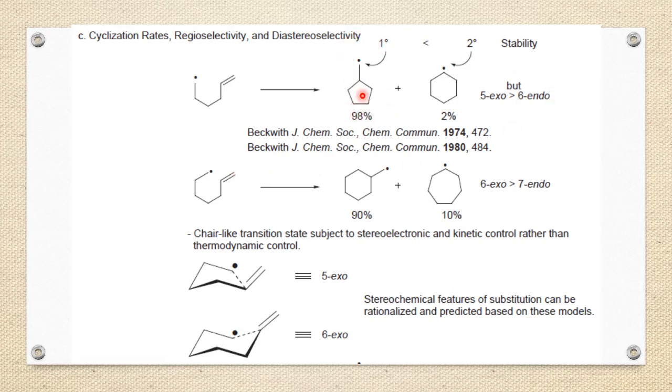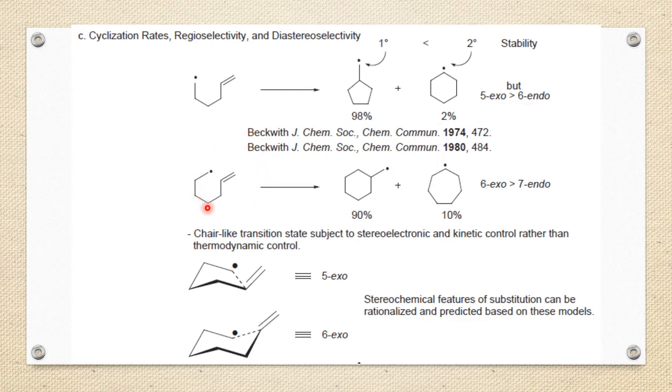That is why, even though creation of a primary radical is less stable, you still get 98% of this particular compound, because 5-exo cyclization is more preferred than 6-endo.